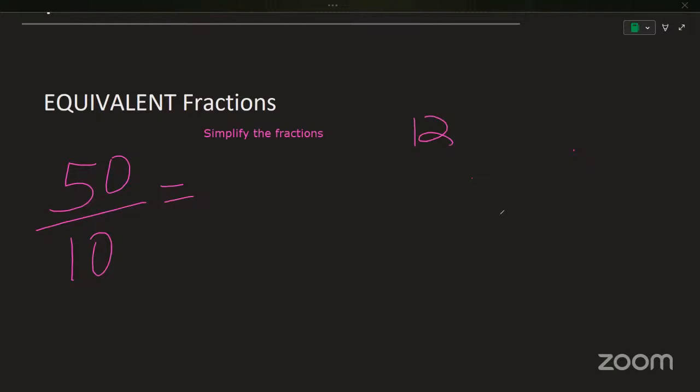So simplify the fractions. Yeah, guys, simplify them. And we may have to do division multiple times.